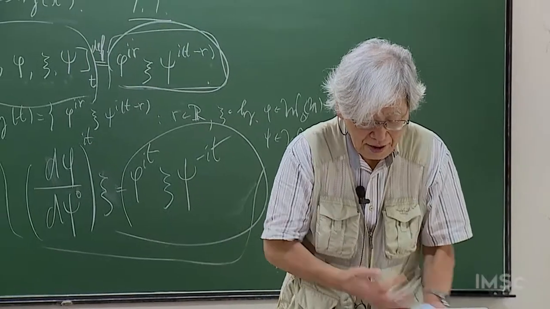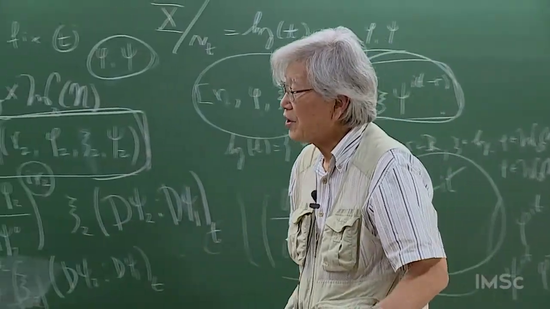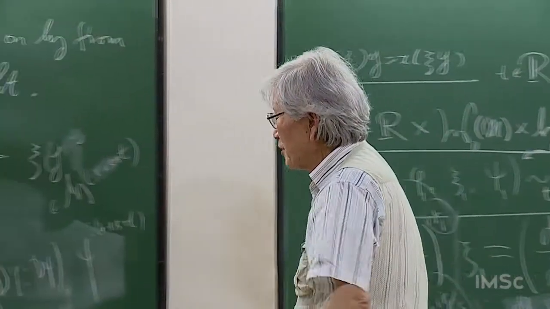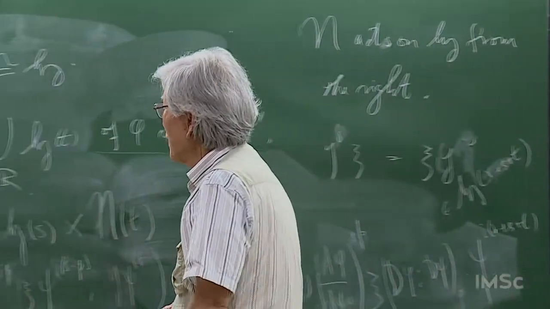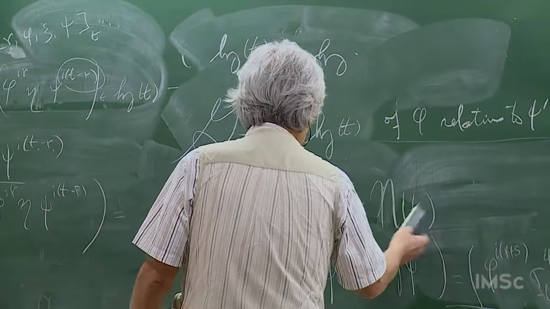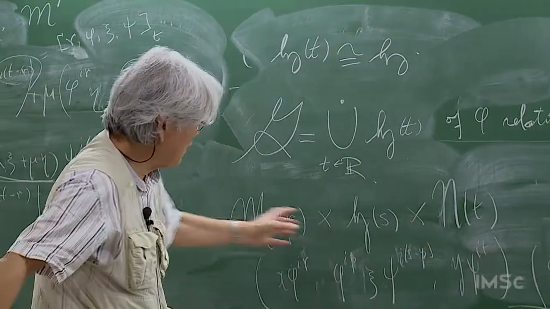So, to make things short, with this trilinear operation, M_R and M_T act from either side.